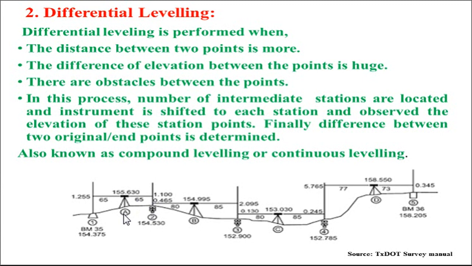Then the instrument is shifted from A to station B, and after leveling we take the reading on station 2 and on station 3. Again we shift the level properly, observe stations 3 and 4 and take the readings, and we continue the same procedure up to the last point. So, this is called differential leveling.